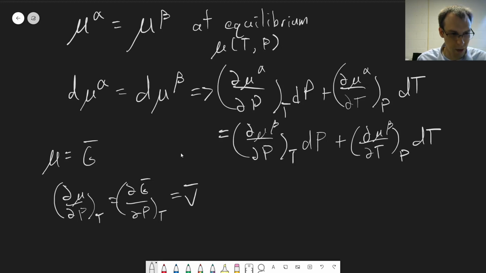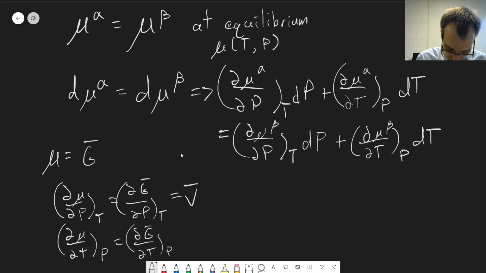And same thing for d mu dT, right? Change in chemical potential with respect to temperature is equal to d G bar dT at constant P is equal to minus S bar. Right, these are the same relationships we were looking at earlier this chapter. So we can go ahead and make those substitutions, right?